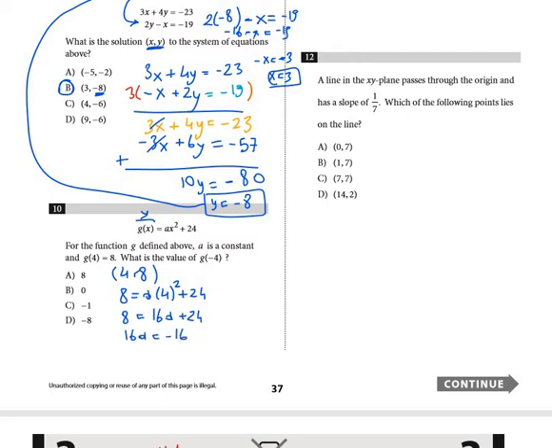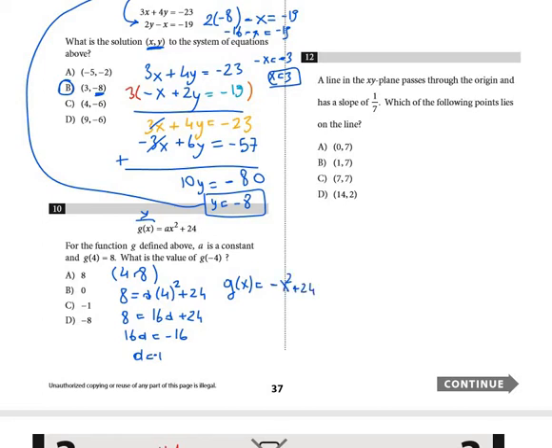If you divide both sides by 16, you get a equals negative 1. Now we know the value of a. Let's plug in. So the g of x function will be, instead of a, we plug in negative 1, which is negative x squared plus 24.